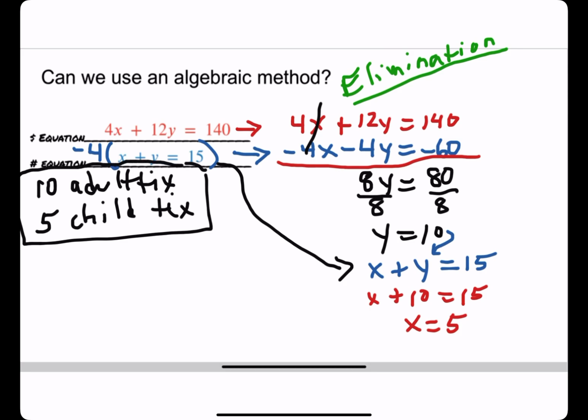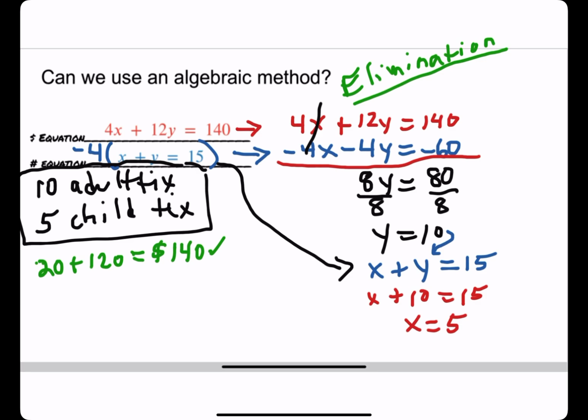I can also check to make sure this is correct. If I have $4 child tickets and there are 5 children's tickets, that's 5 times 4, which is $20, plus $12 for adult tickets, and there are 10 of them. That's 12 times 10, or 120. That gives you a total amount of money, $140.